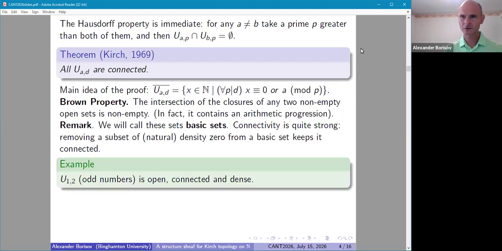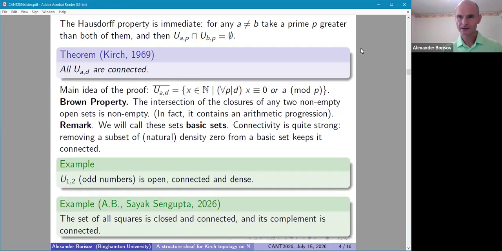Just to give you some feeling for what's going on, take U_{1,2}, that's everything congruent to 1 mod 2, in other words, odd numbers. It's an open, connected, and dense set. Here is another example. It seems people haven't noticed it before because mostly the people looking at Kirch topology were topologists. So together with my former student Sayak Sengupta, I'm working on trying to generalize this simple observation.